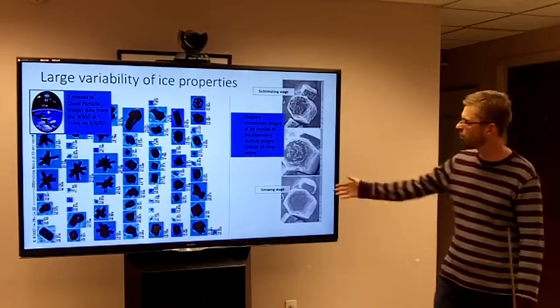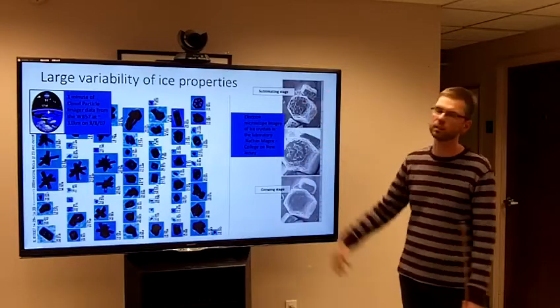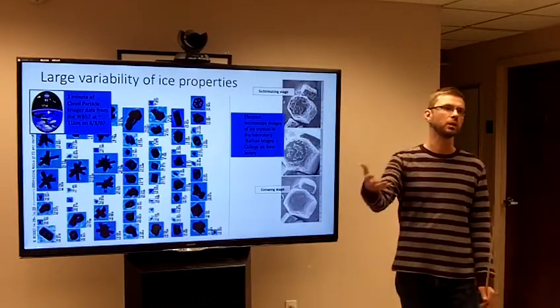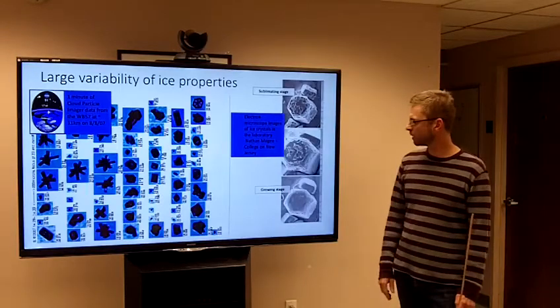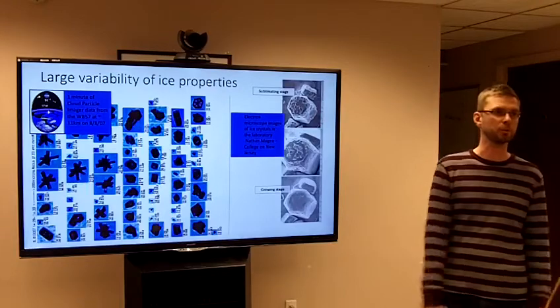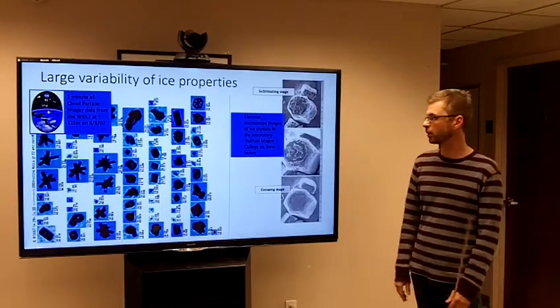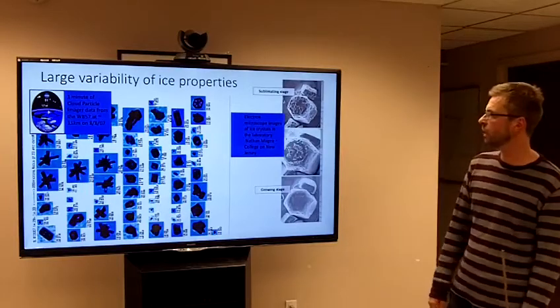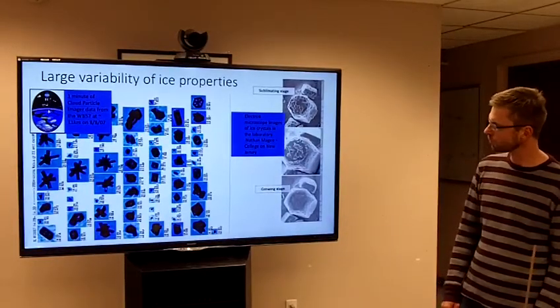They depend on, for instance, if you sublimate these crystals, then the roughness structures seem to increase. And so these also have quite some effect, at least on the optical properties, and maybe also on the physical properties. So there's a large variability of these ice crystals.